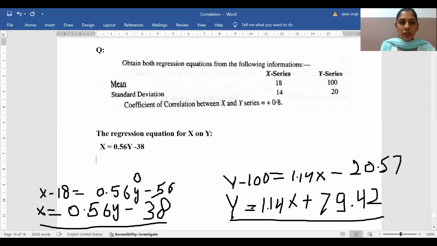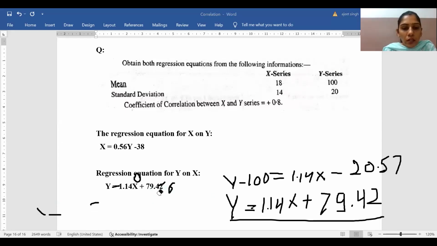Now let's write the regression equation for y on x. So it is y is equal to 1.14x plus 79.42.